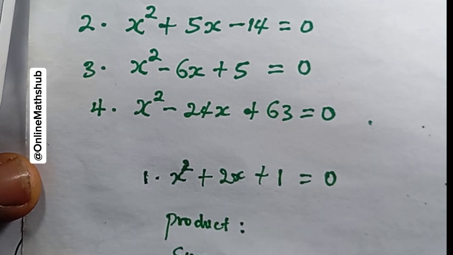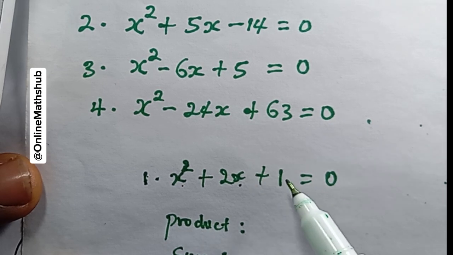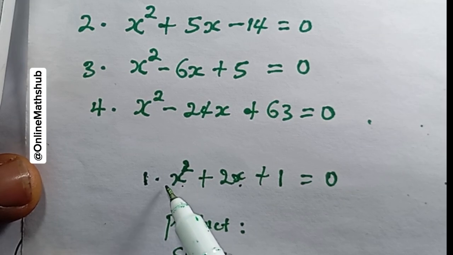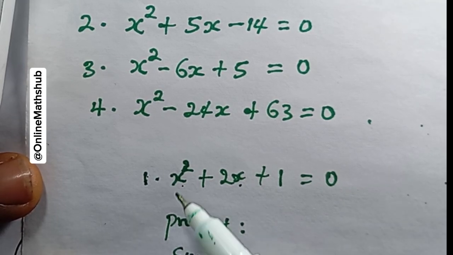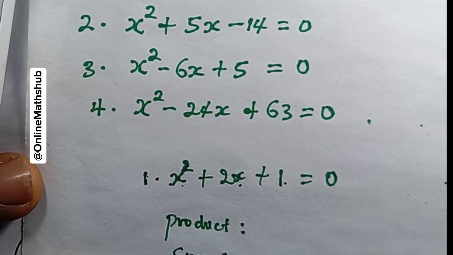Okay, so what do we mean by product? When you look at this equation, we have x squared here, x to the power 1 here, and another term here that does not contain any variable. You need to look at the coefficient of x squared. Whatever value you see, you use it to multiply the term that does not have any variable.